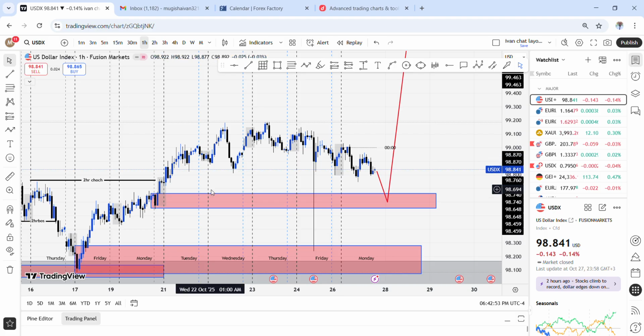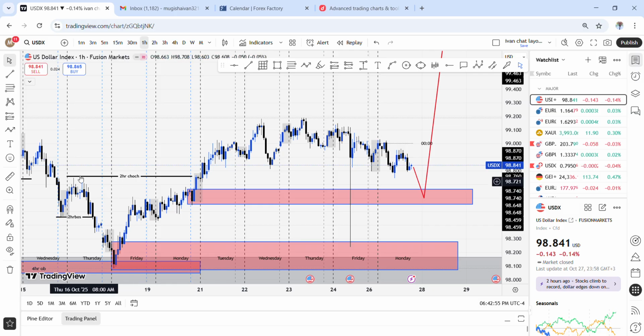So as we move down to the H1 time frame, having realized that this is a change in character, we also see that markets at the moment are here and are not doing anything.